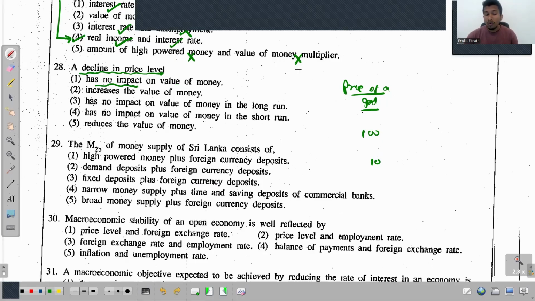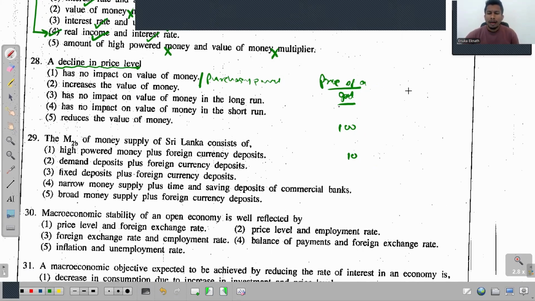See that now. Value of money, if not, we can recognize this to be the purchasing power. Value of money equals purchasing power. Purchasing power means the number of goods that you can purchase by that given amount of money. So let's assume that the income is rupees 10,000.